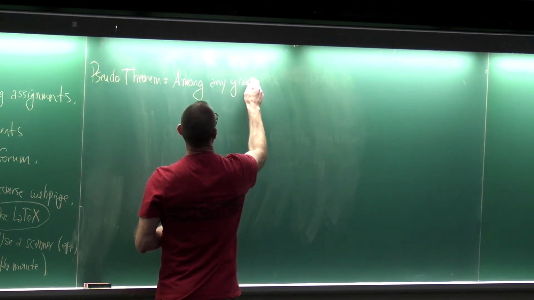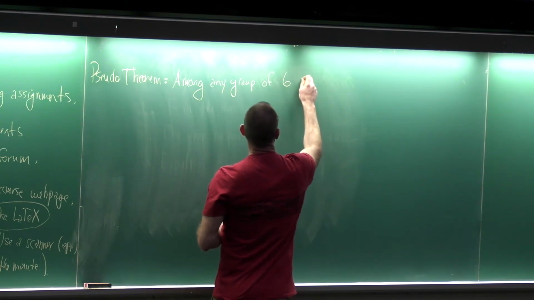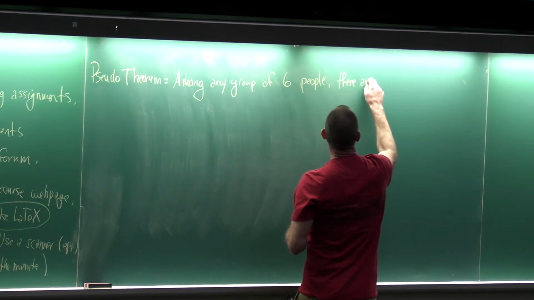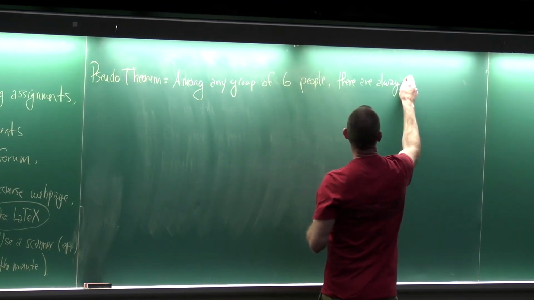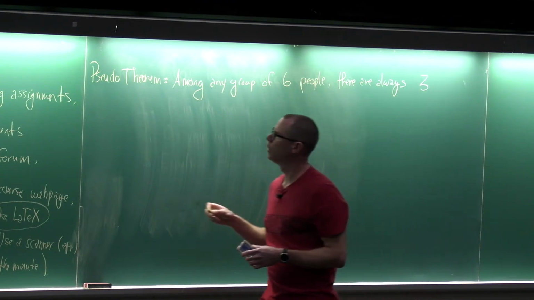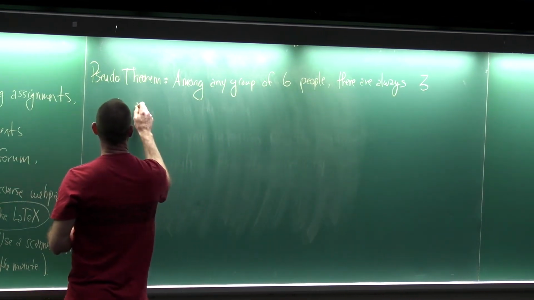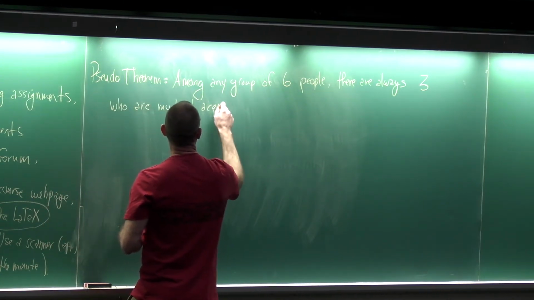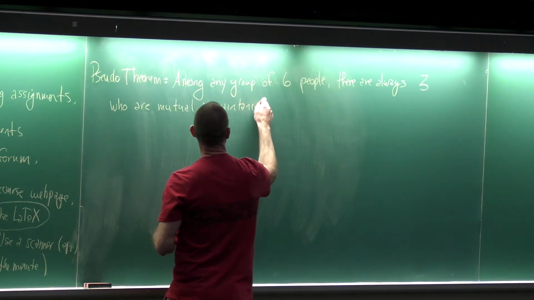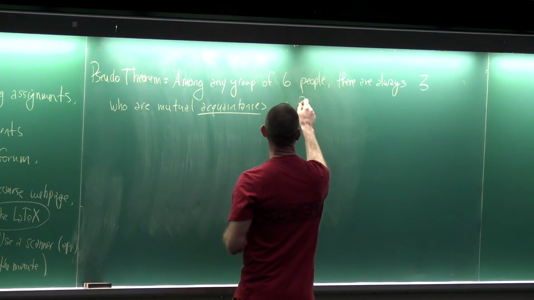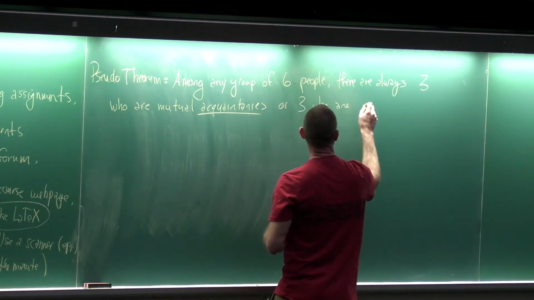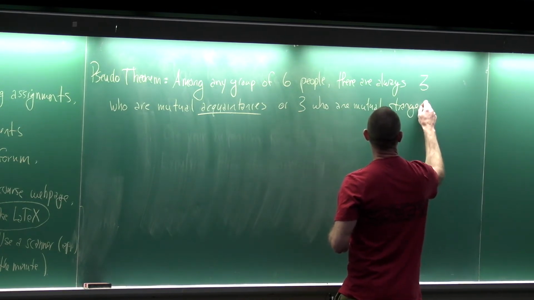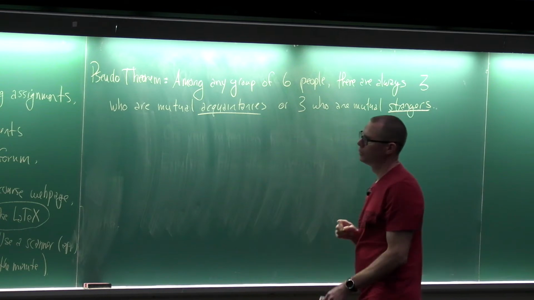Among any group of 6 people, there are always 3 who are mutual acquaintances, or 3 who are mutual strangers. Okay.